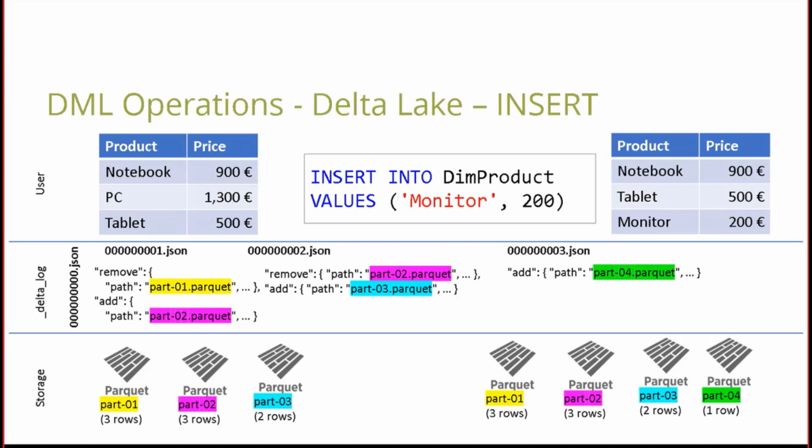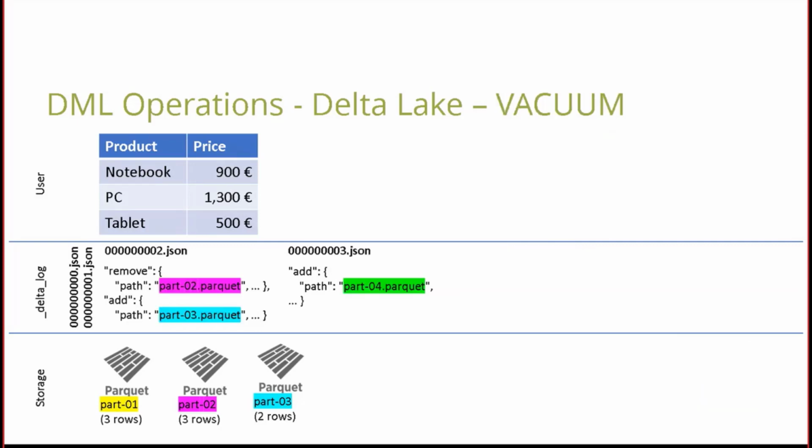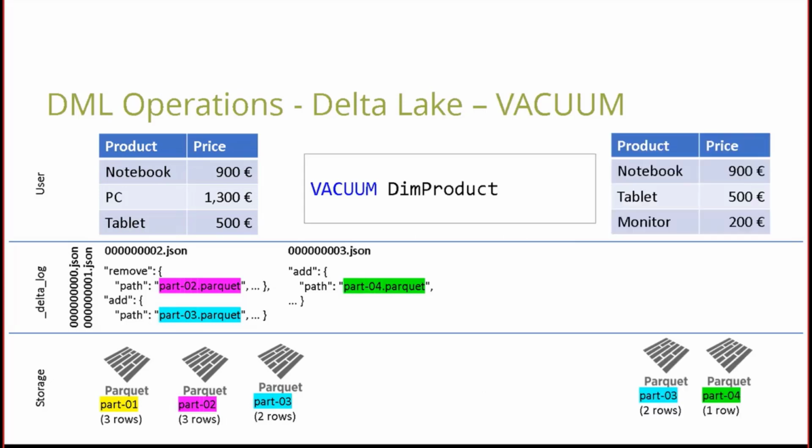And there, I guess you already see that there is an issue: you end up with a lot of Parquet files if you run a lot of operations. So there is another operation called vacuum, which allows you to delete the files that are not part of the most recent version of the Delta table anymore.